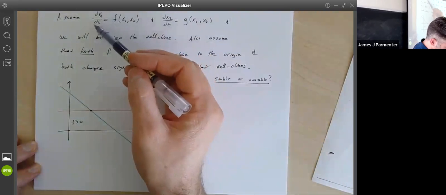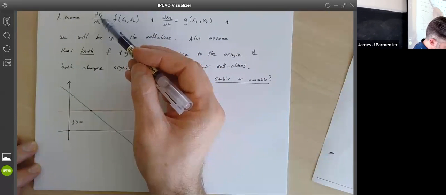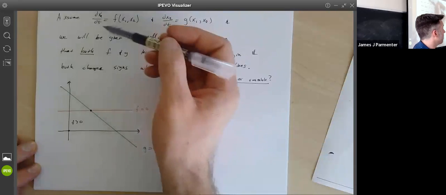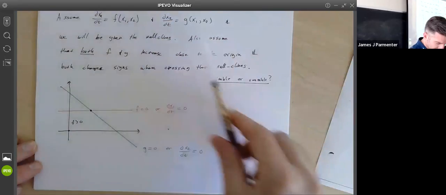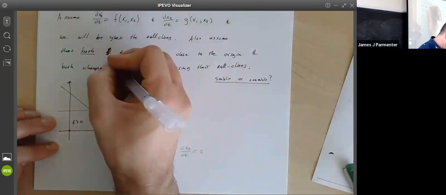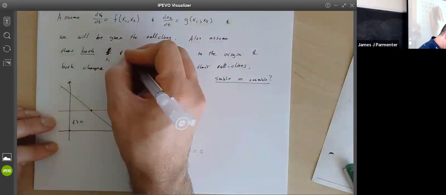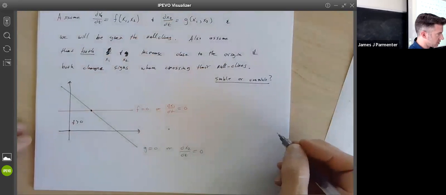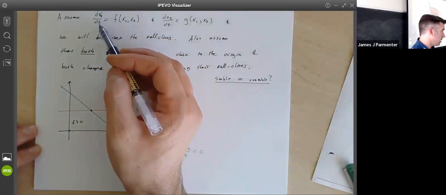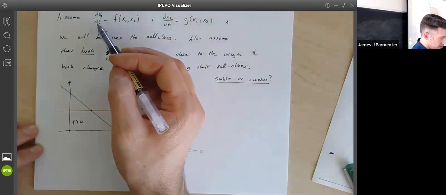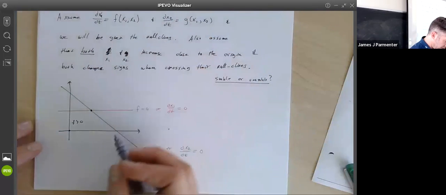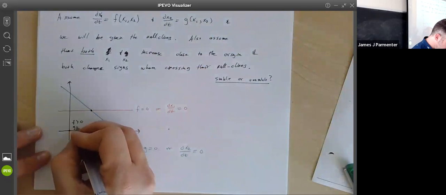If x1 is increasing, then the derivative of x1 would be positive. Yeah, that's what I should have actually said: with x1 and x2 increasing close to the origin, dx1 dt is positive because x1 is increasing, and dx2 dt is positive because x2 is increasing. So over here we have that F is greater than 0 and G is greater than 0.